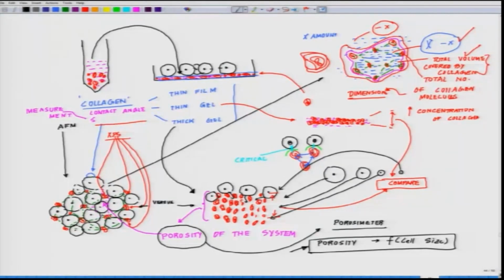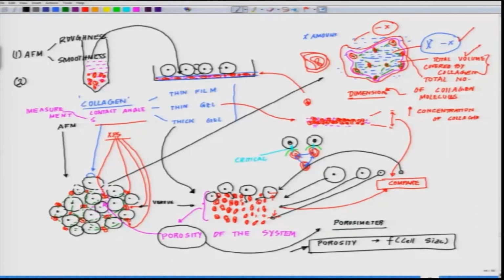So, if you know the porosity, so let us summarize again, because there are too many things I am dealing. So, first, for surface analysis or analysis of your material, you use the AFM, atomic force microscopy. That will kind of give you the roughness or smoothness of the surface, whichever way you want to explain it. 1.